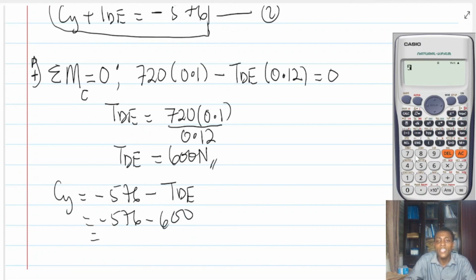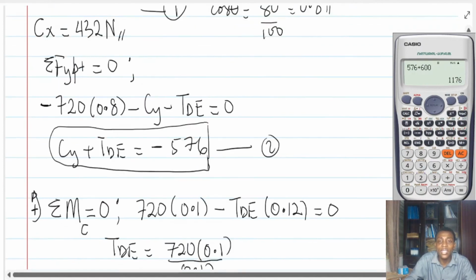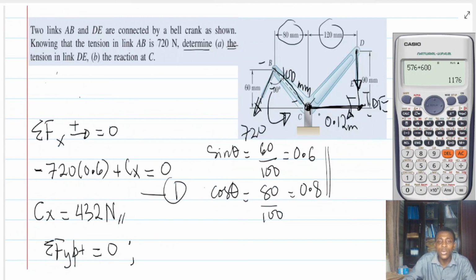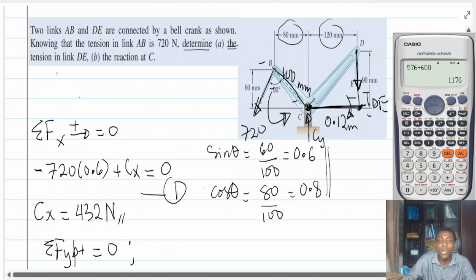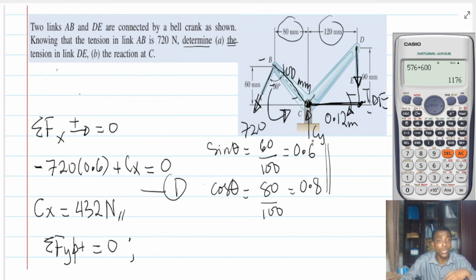So 576 plus 600 gives us 1176 newtons. And minus, watch this. The minus sign is telling us that we assumed that CY was coming down, but it's actually wrong. It means that CY should actually go up. So at the end of the day, CY is actually 1176. And then you go and correct it over here that the direction was supposed to go up and not down.